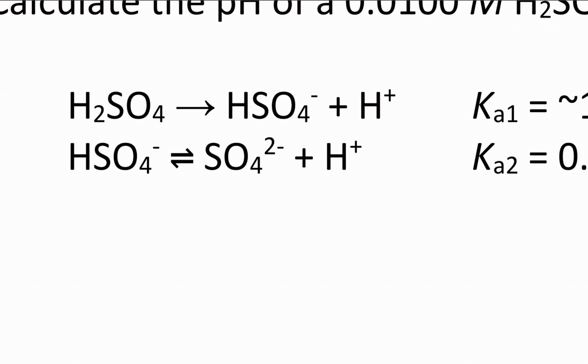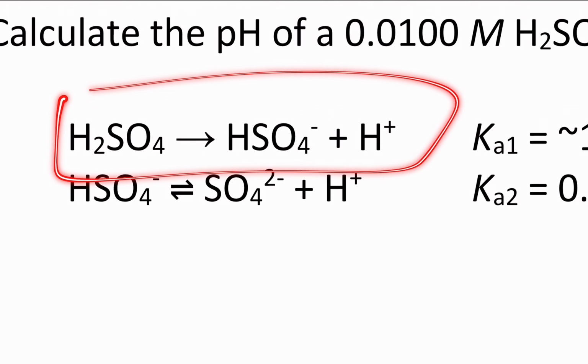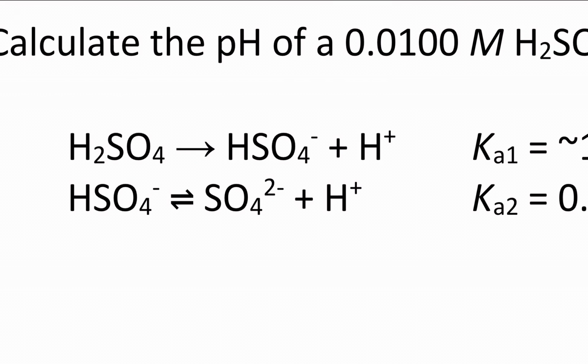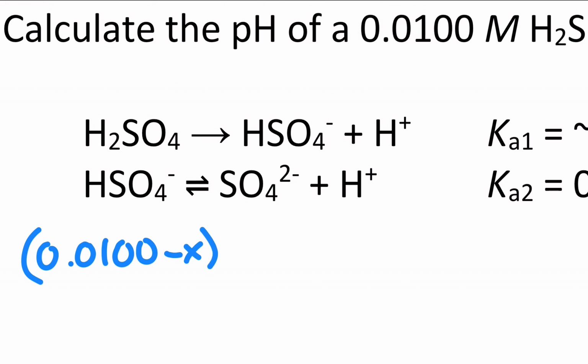Okay, so the first association goes to completion. So we have 0.01 molar from the first association of each of those ions. And I'm going to rewrite that, but I'm going to write it below the second association since it's already there. So I have 0.0100 minus X of the hydrogen sulfate. The sulfate concentration is just X. Actually, let's use Y, because that's what we've been using for the second dissociation, which this is.